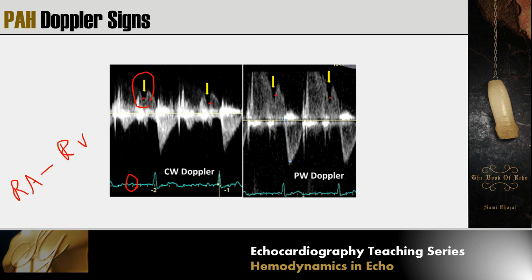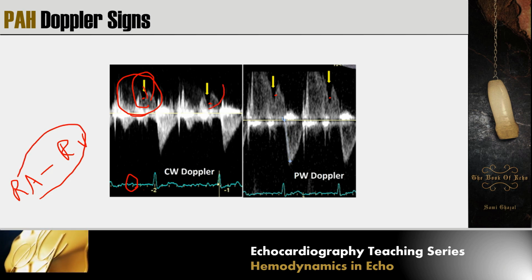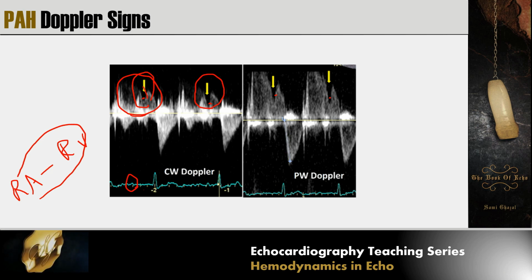And by increasing the RV pressure, this is pulmonary regurgitation. Now it will almost abort this pulmonary regurgitation. Knowing that this small increase in pressure was sufficient to cause this indentation or this dip means it is very unlikely to have significant pulmonary artery hypertension. In case of loss of this dip, it might indicate significant pulmonary artery hypertension.